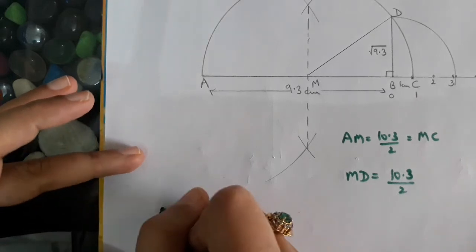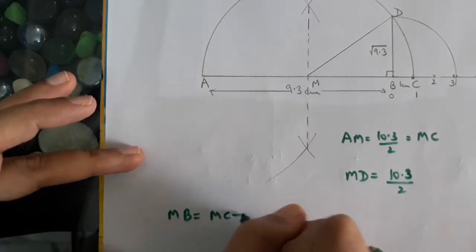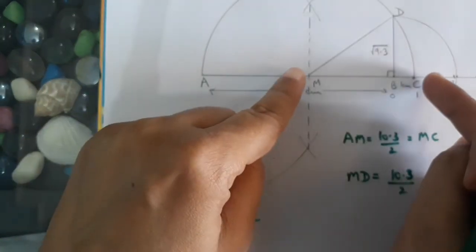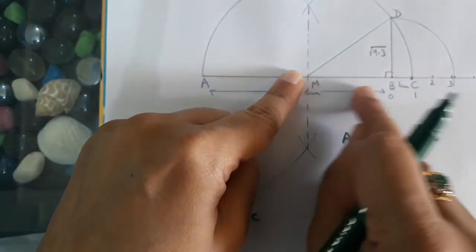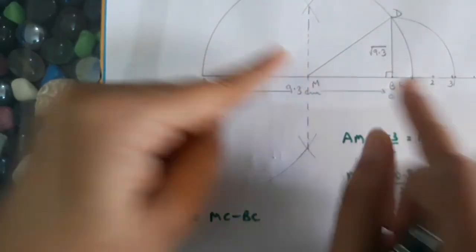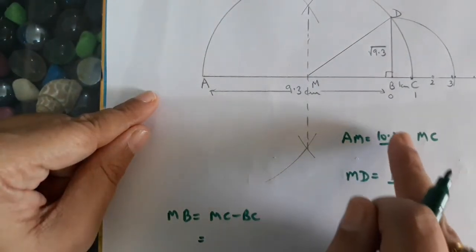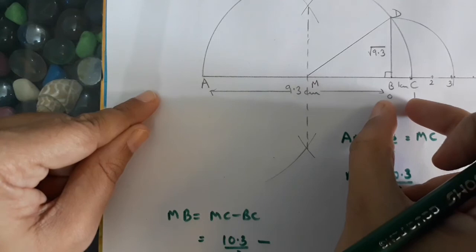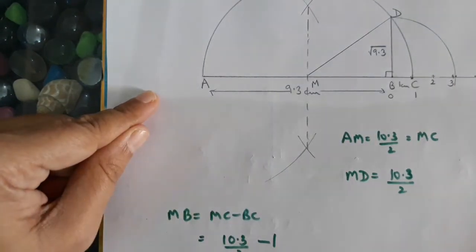Now let us find out the length MB or BM. So we can write that MB is equal to MC minus BC. You can see from the figure, this is MC minus BC. This will give us the length MB. Now, what is the length MC? MC we know is 10.3 by 2. So it is 10.3 by 2 centimeters minus BC. What is the length BC? BC we had taken as 1 centimeter.